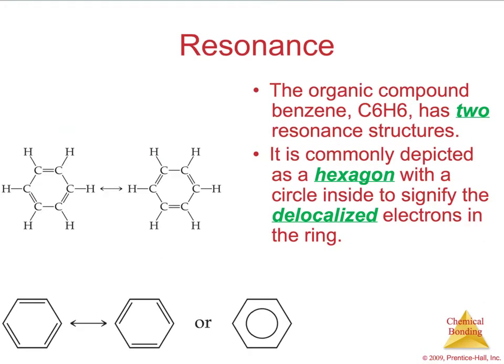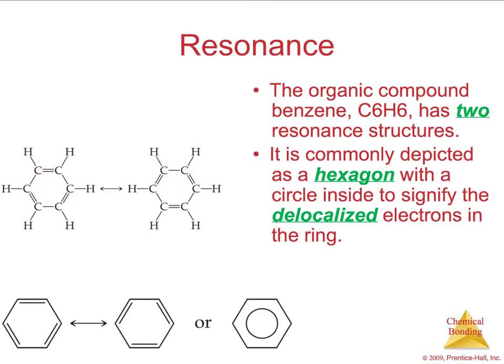And a prime example of this is the resonance structures of what we call benzene. Benzene is an organic compound, and if you ever go on to take organic chemistry, you'll study benzene quite a bit. It's represented by C6H6, and it has two resonance structures. You can see those two resonance structures right here.